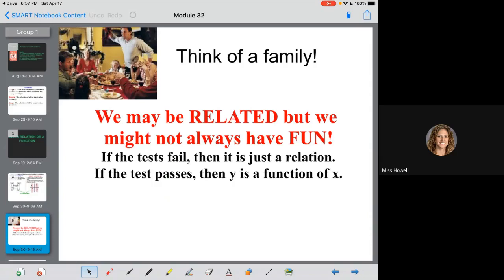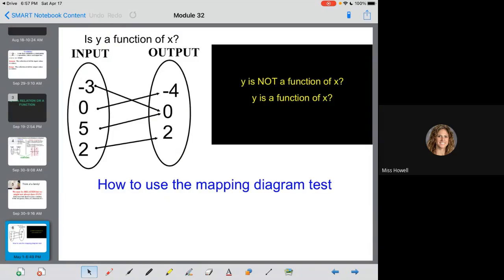So we're going to look at our first test here. When we draw our mapping diagrams, this is what it's going to look like, where we have input values being attached to our output values. The way the test works is you want to look at your input or your x values. Your outputs are your y values. And you want to look just at that set of numbers. So the test says for each input, there's exactly one output.